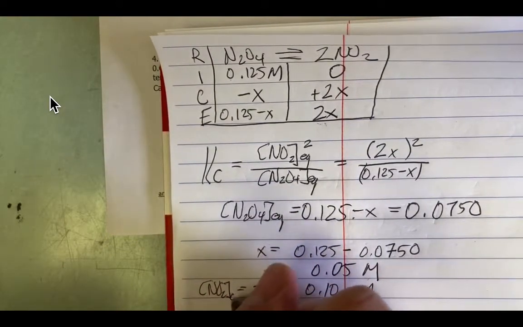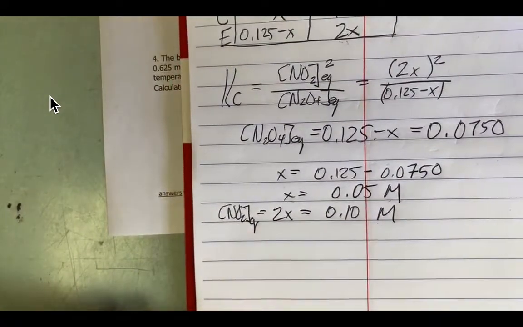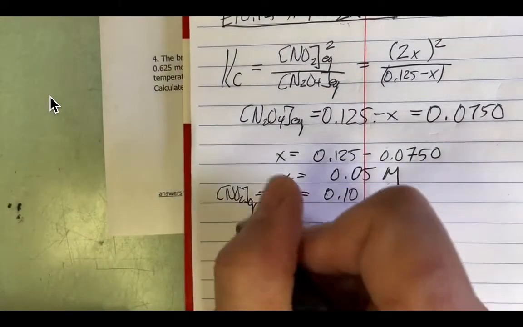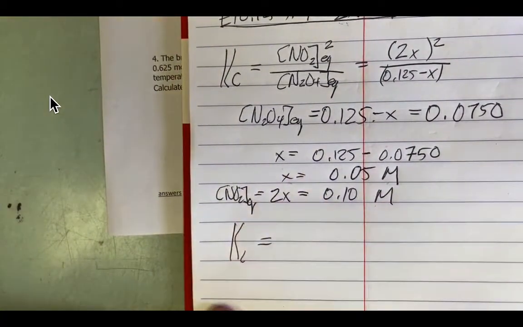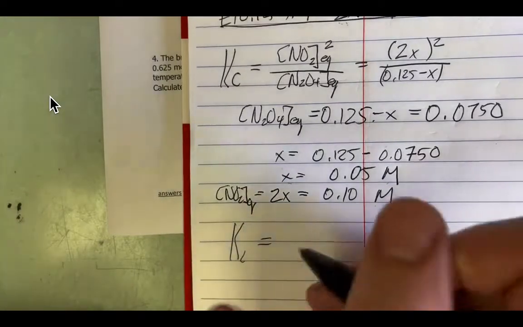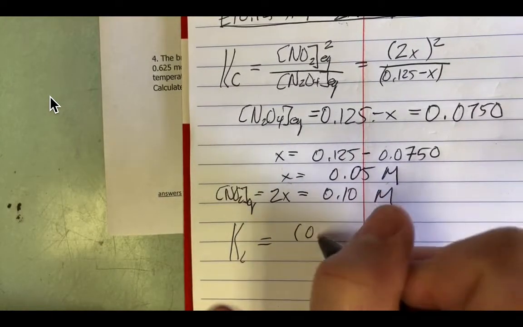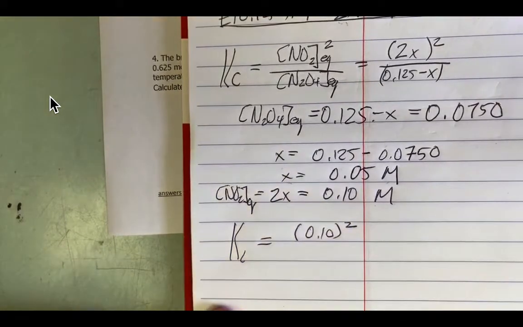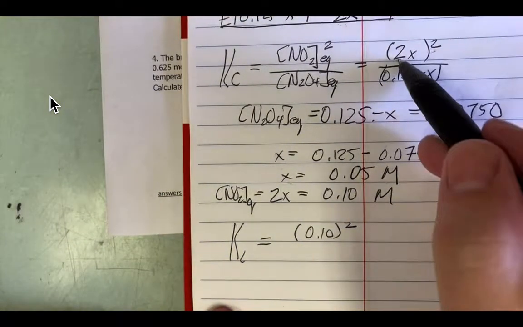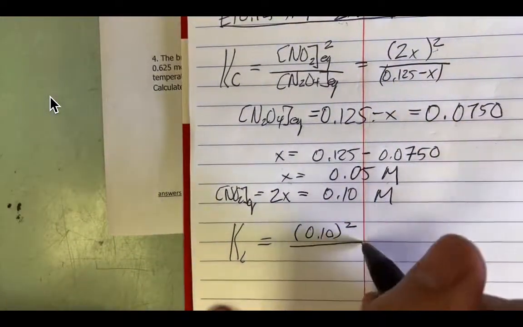NO2 at equilibrium. Okay, so now almost ready to go. Kc is equal to 0.10 squared. I put in the 2x value. I still need to square it.